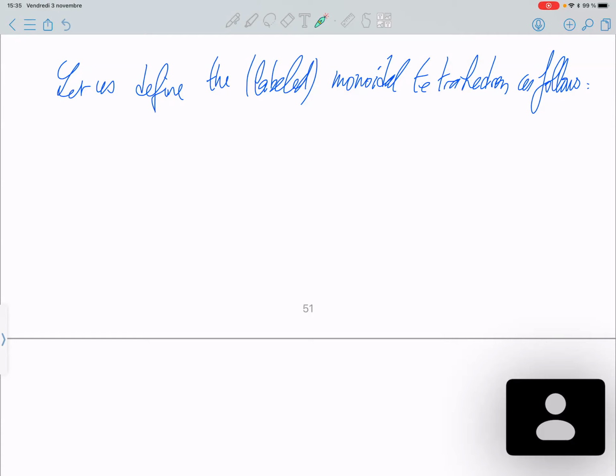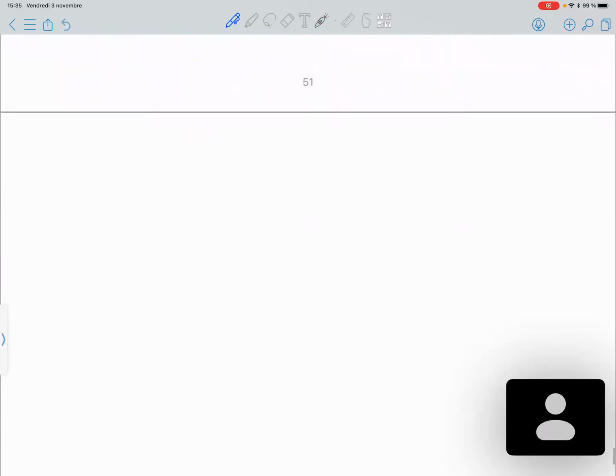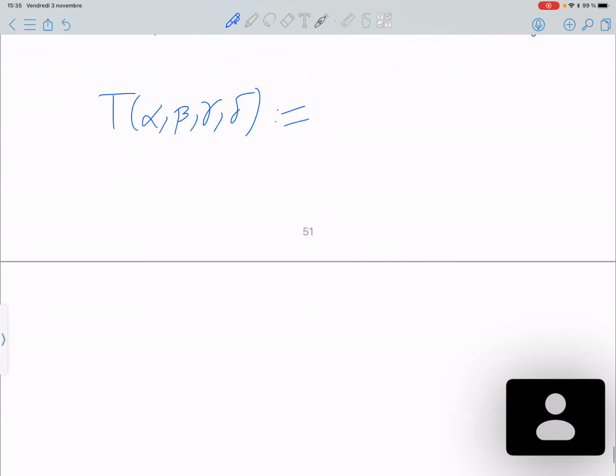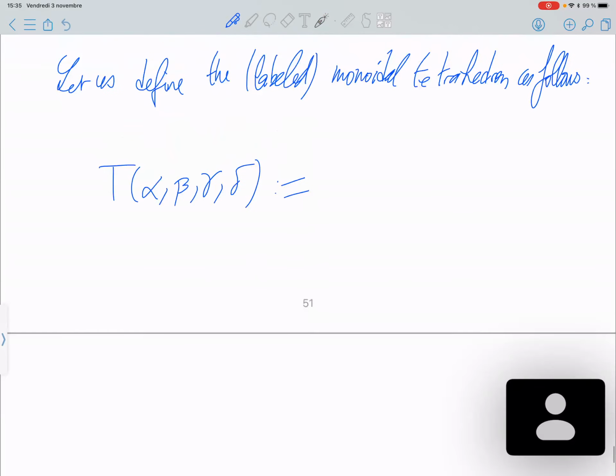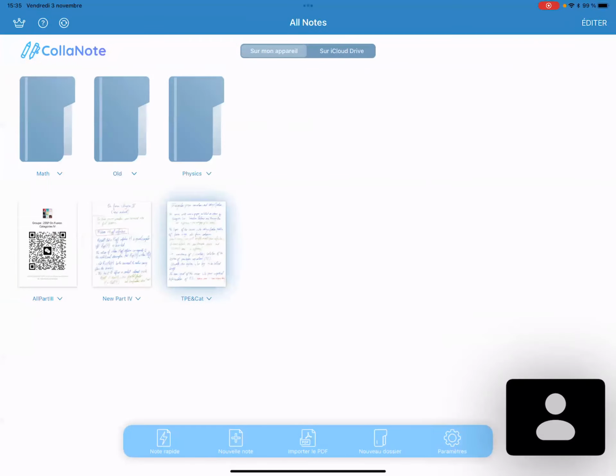Okay, so I will write the notation, the name here, but I will draw the picture in the next page. So we need alpha, beta, gamma, delta.